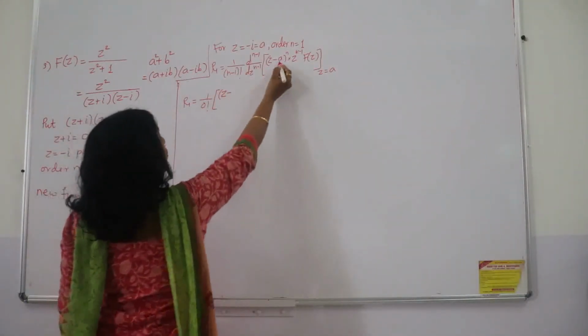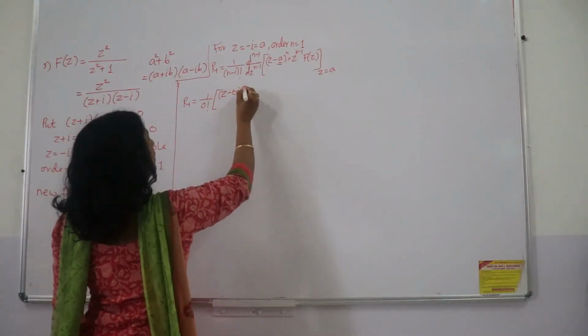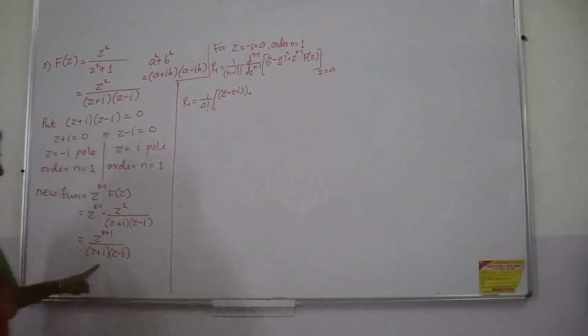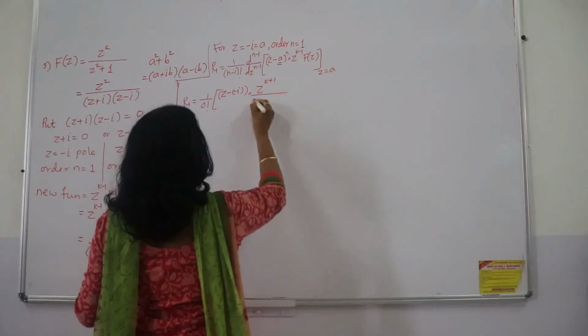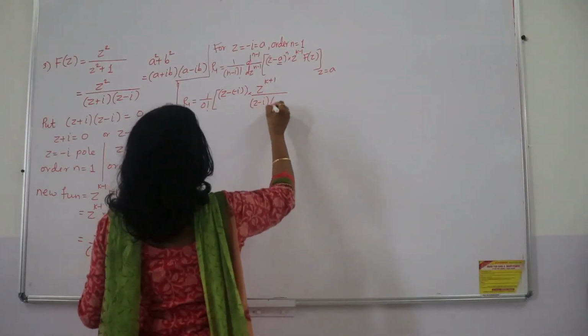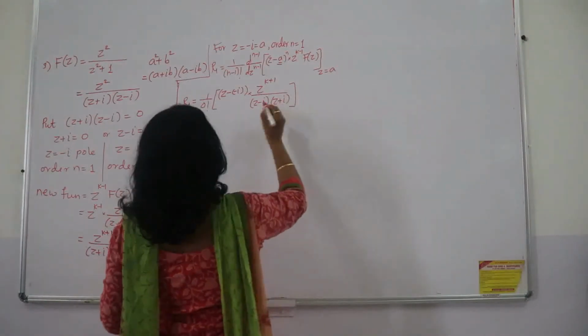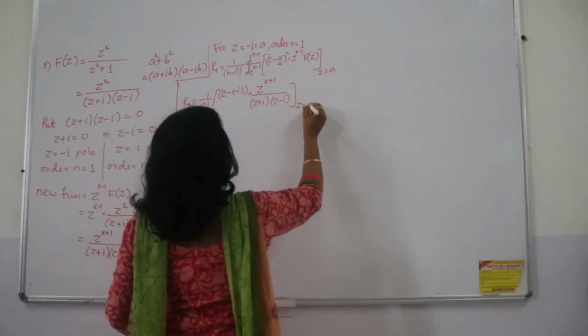Now z minus a, what is a here? A itself is minus i, multiplied by, see how I have written, this is my function z raised to k plus 1 upon the denominator z minus i, z plus i. Then I have to place z is equal to a, and it makes no difference which sign.